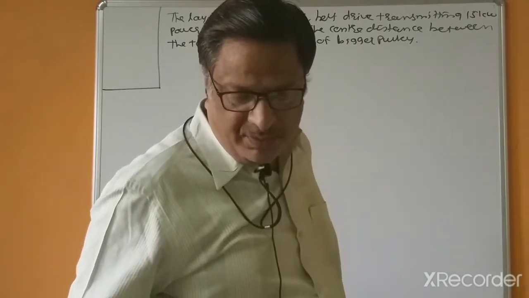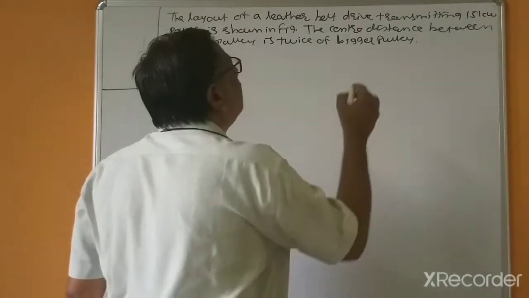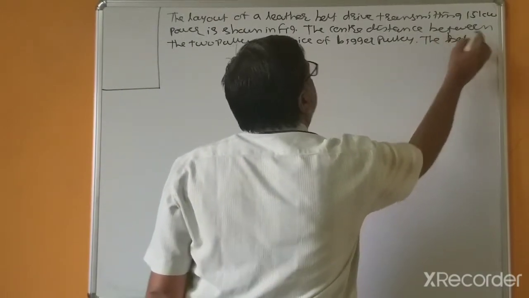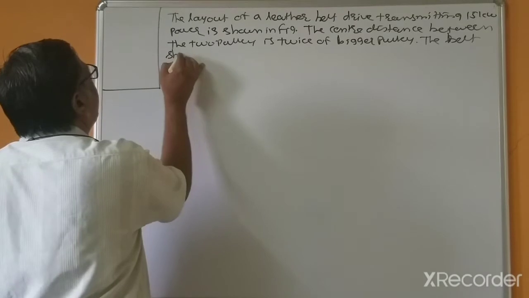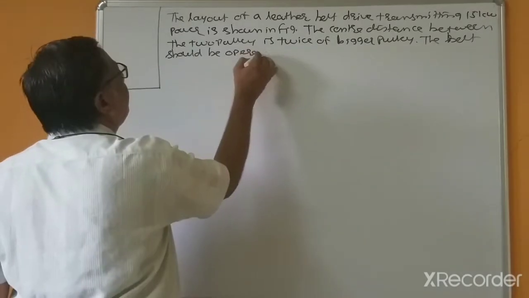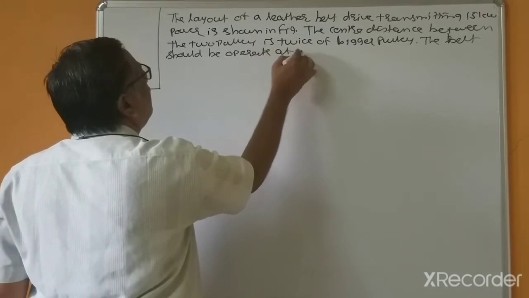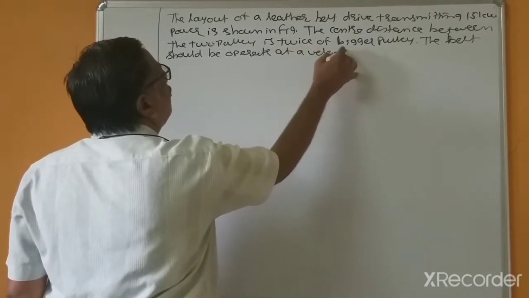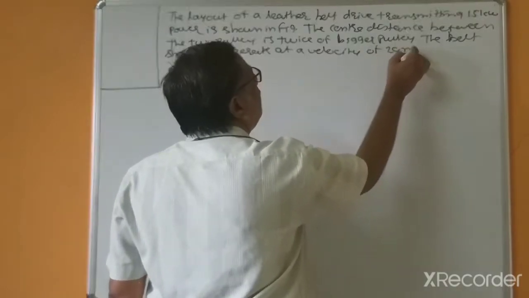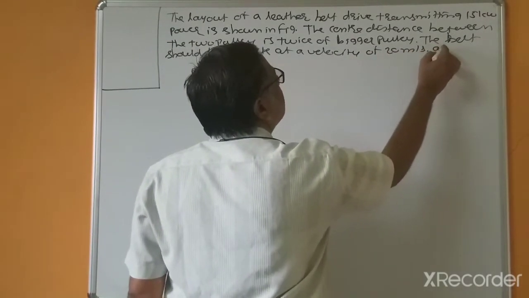The belt should operate at a velocity of 20 meter per second approximately.